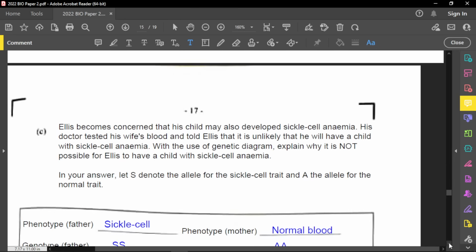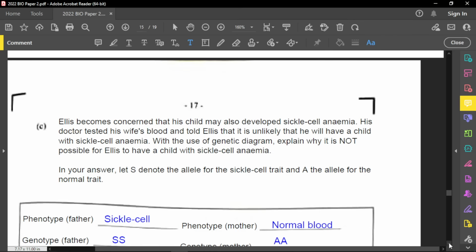Now, Ellis becomes concerned that his child may also develop sickle cell anemia. His doctor tested his wife's blood and told Ellis that it is unlikely that he will have a child with sickle cell anemia. So unlikely, will not have. All right.